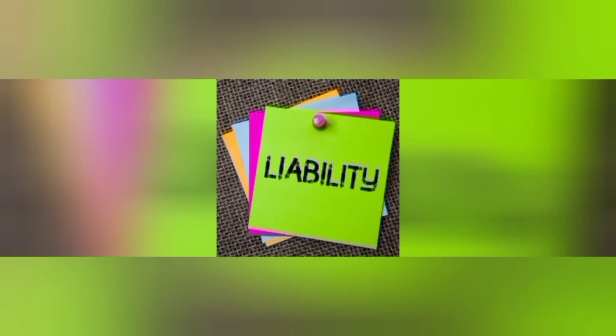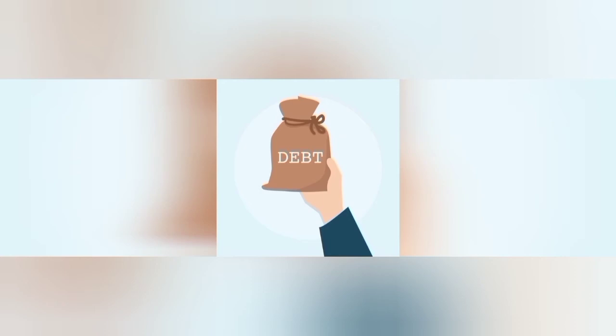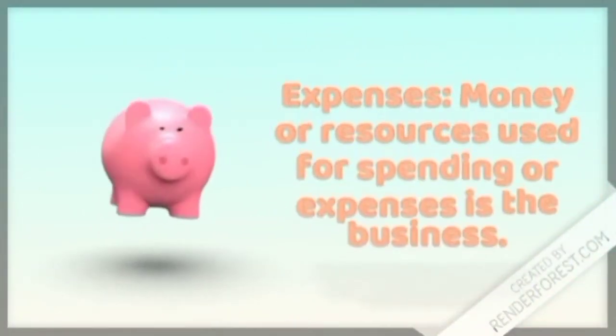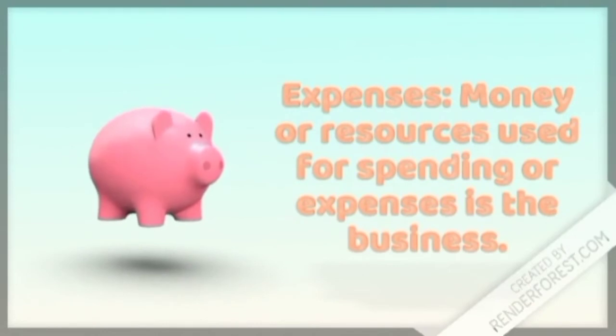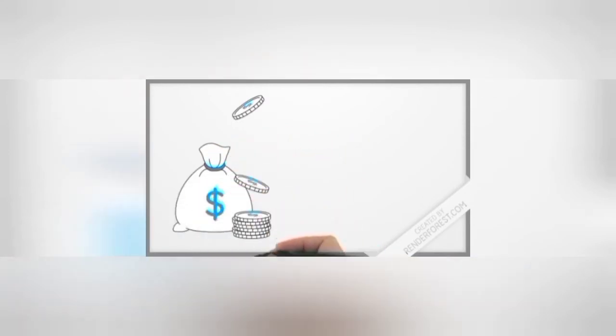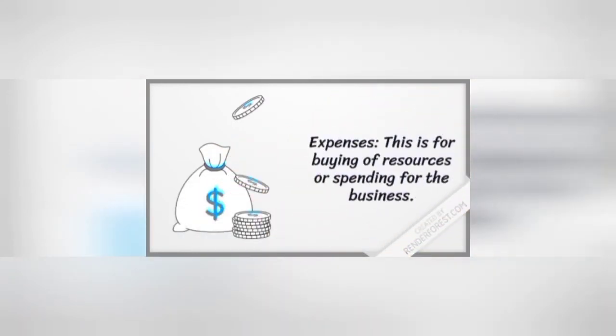All of these are liabilities that the organization owes another person or firm. And then expenses. Expenses refer to money or resources used for spending for the running of the organization. Every organization spends its money on certain items, and this is referred to as expenses.